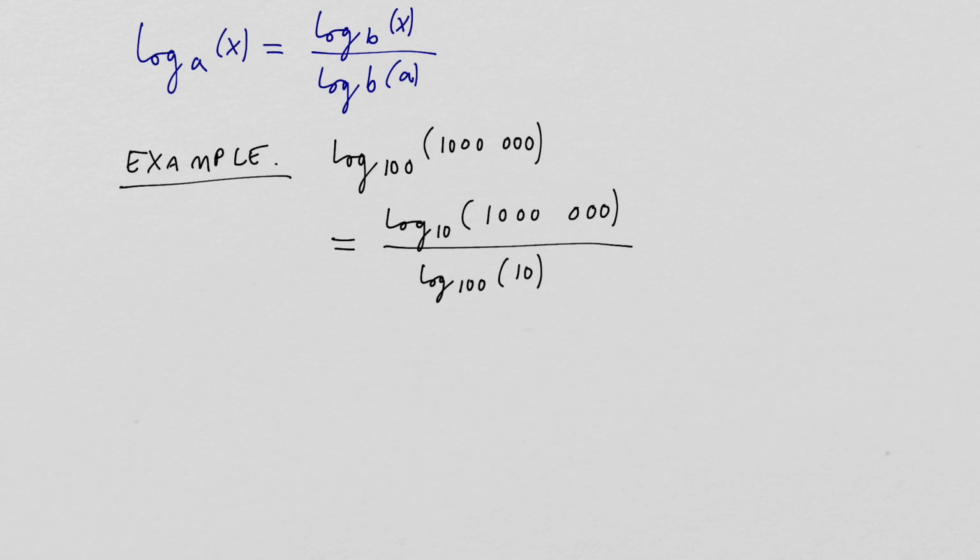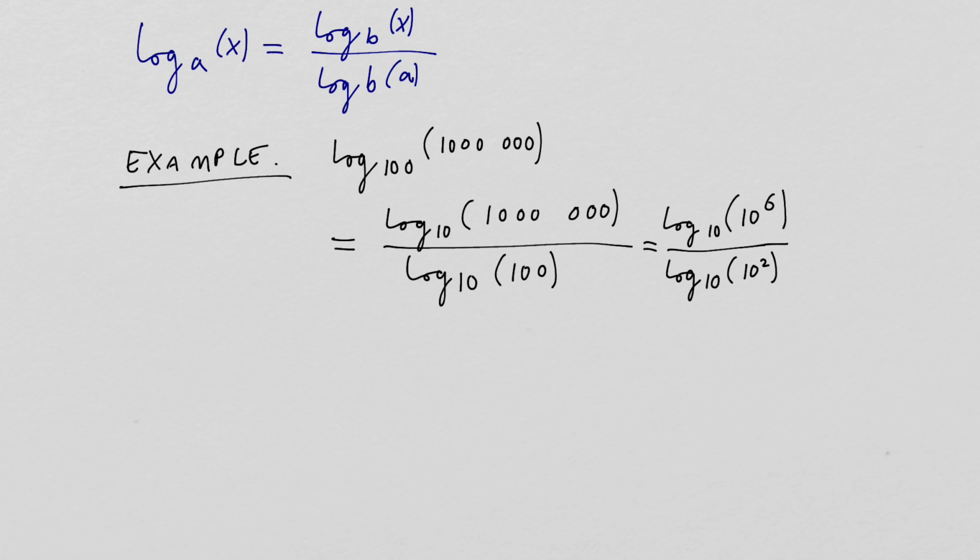There is a mistake here. We need to divide by the same kind of logarithm. Okay, so now we could think that 1 million is 10 to power 6 and 100 is 10 to power 2.